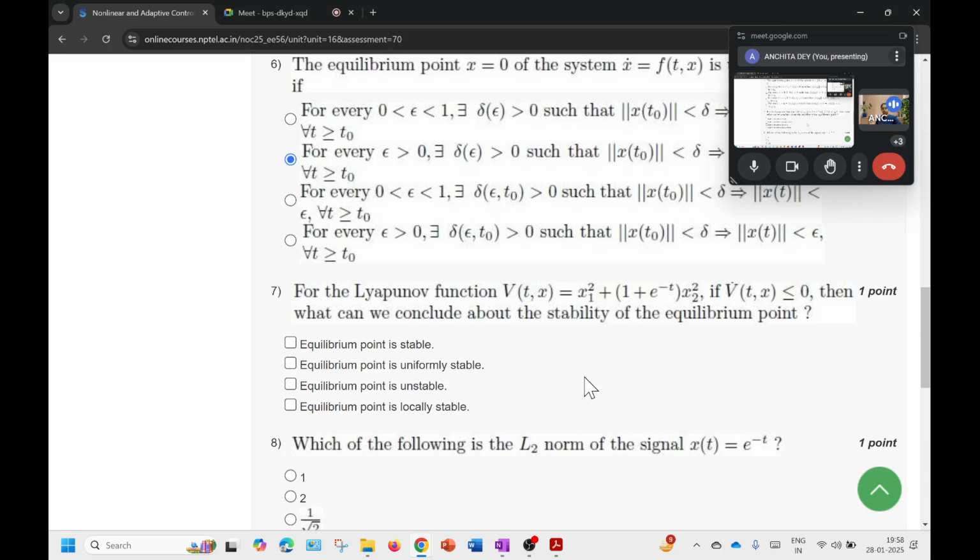You can also have options like asymptotically stable, uniformly asymptotically stable, globally stable, and uniformly globally asymptotically stable. Right. So what idea do you have? Maybe you can tell me how can we check for asymptotic stability by using Lyapunov analysis? What's the idea to do that?